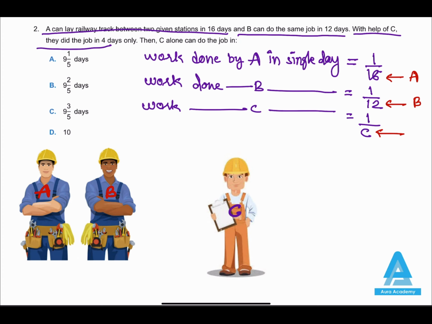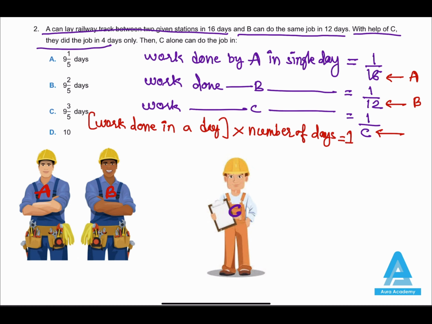So what was our formula? Formula was simple: work done in a day multiplied by number of days is equal to 1.